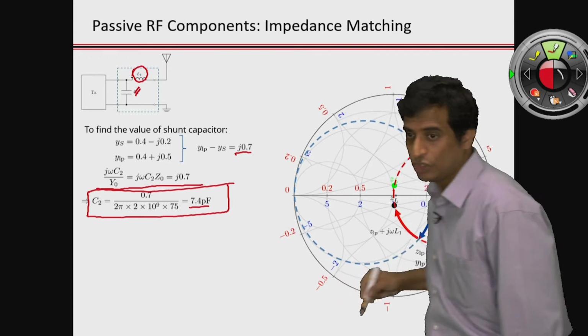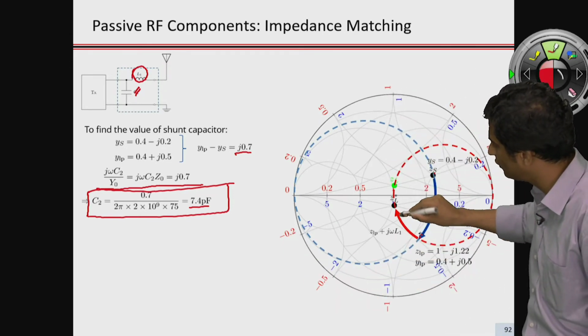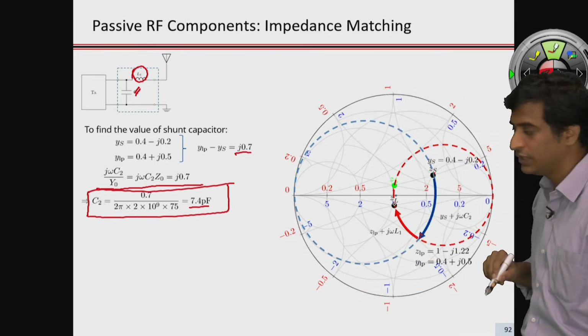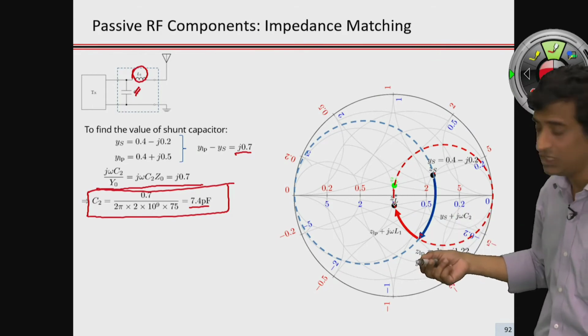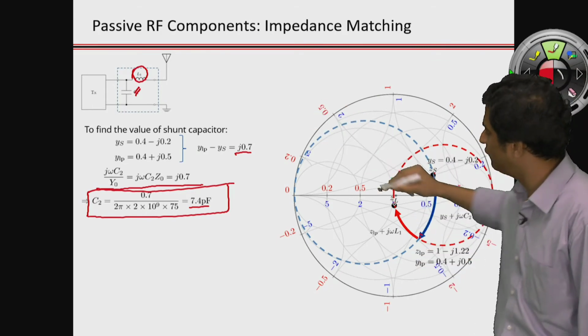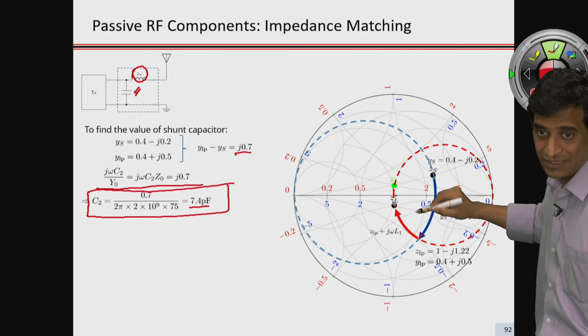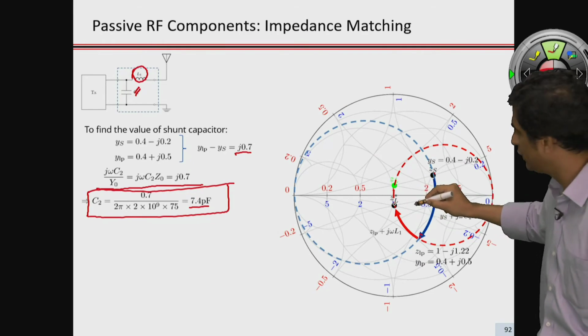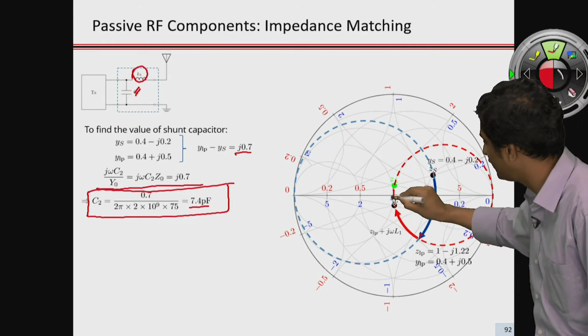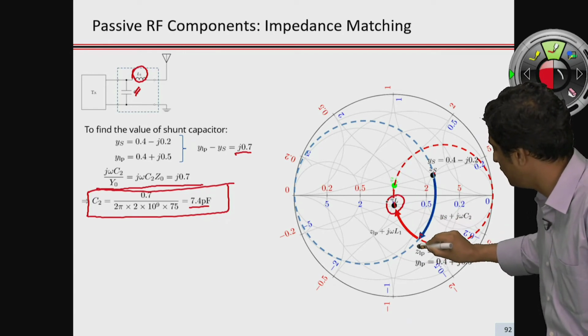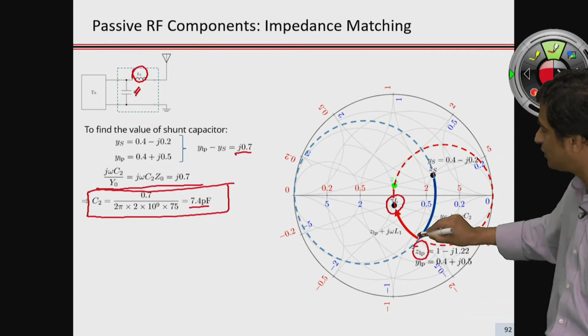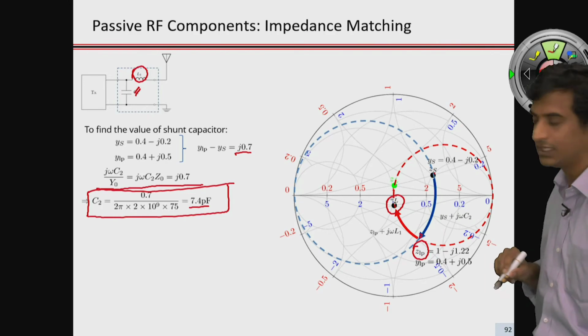Now how do we figure out the amount of inductance that is needed, and from that the value of the inductor to move this intermediate point to the conjugate of the load? Then again the procedure is similar, but now since it is in series, we are looking at the impedance chart, we are looking at the final impedance, the ZL star that we want to hit, and the starting impedance value, which is Z1p.